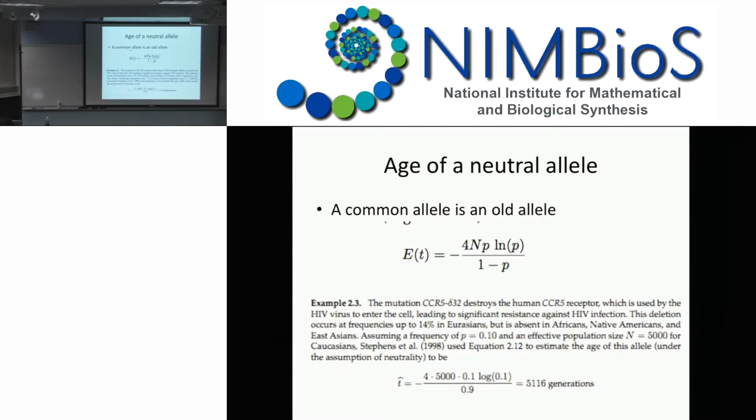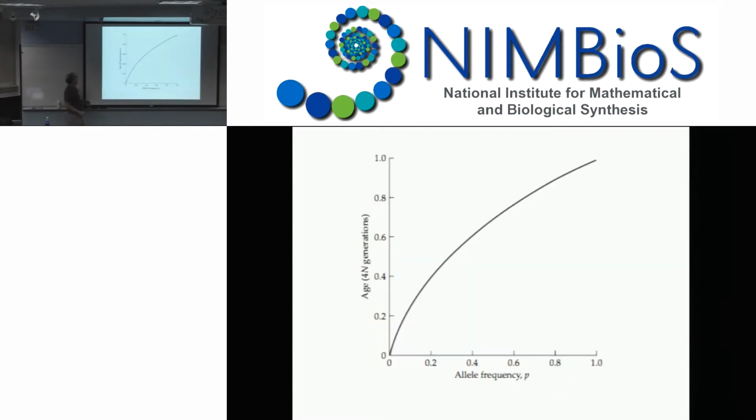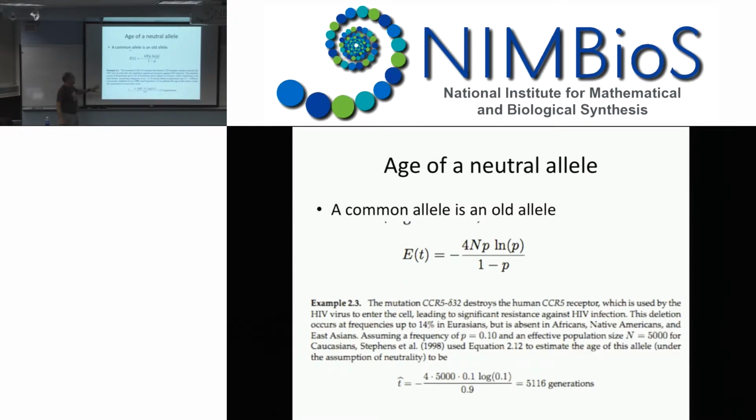So an obvious question to ask is, is this allele too frequent relative to chance? That is, is its frequency too high given its expected age? To do that, you need some other approximation of its age. And we'll come back to how you can get that. But one way to get an approximation of an age is, suppose here's the allele, and that allele arose on a single chromosome.